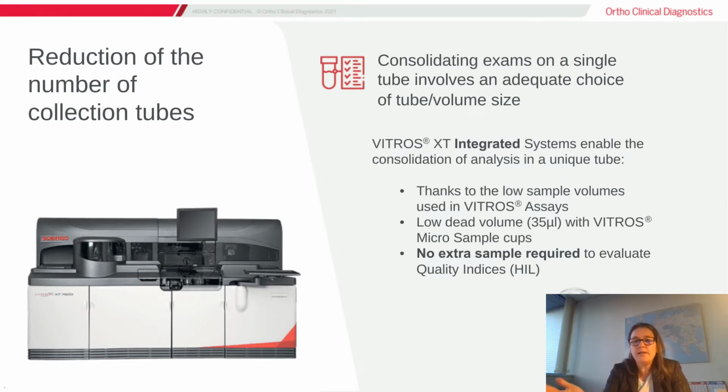This also goes with a low dead volume that is required, as well as no extra sample required to evaluate sample quality indices, hemolysis, icterus, and lipemia, which I will detail a little bit later.